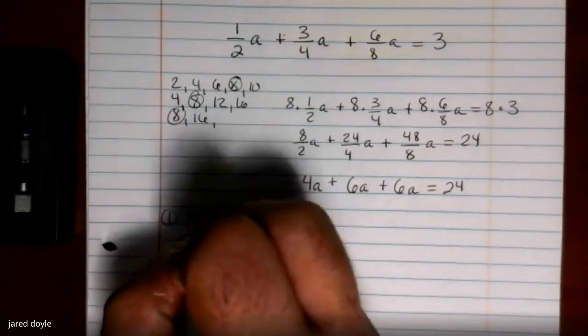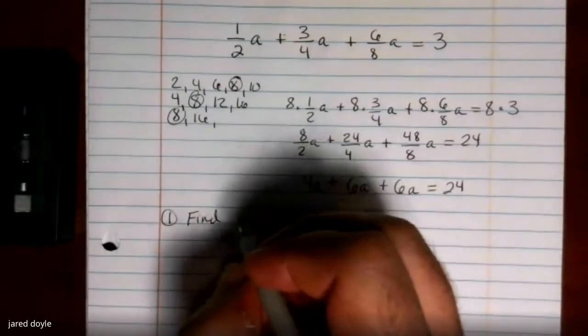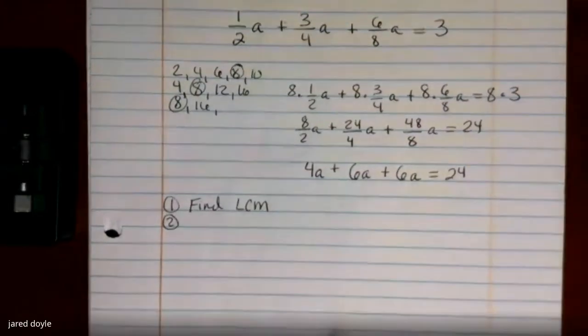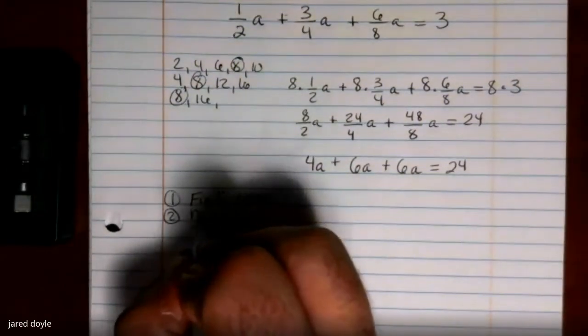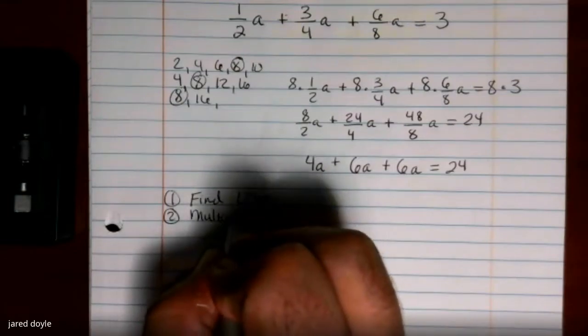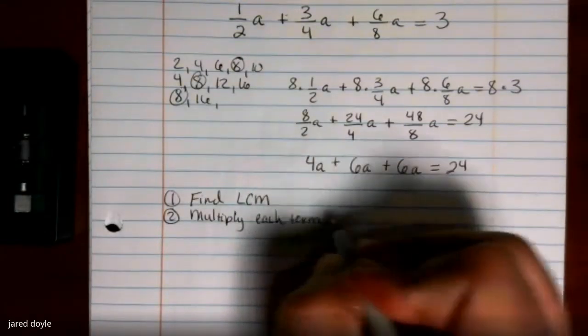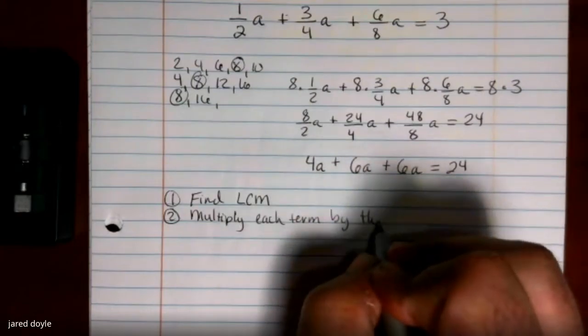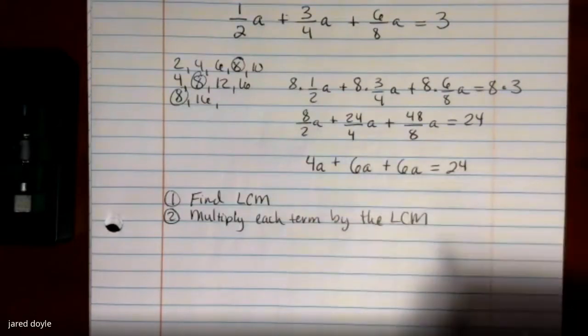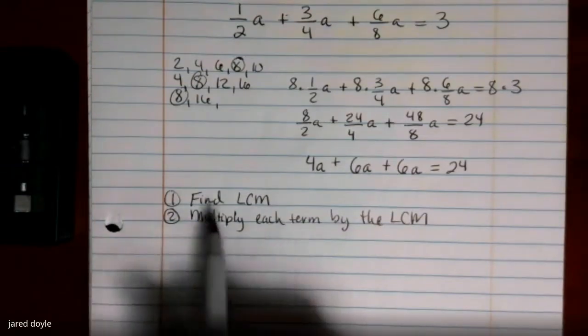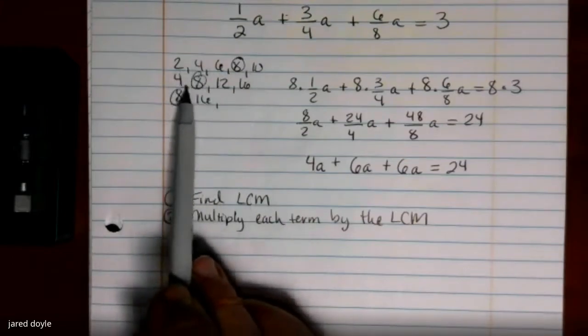So again, the steps for doing that were: 1, we found the LCM, and then we multiplied every term by that LCM. And that will eliminate all of your fractions. Okay. So that's one way to do it.